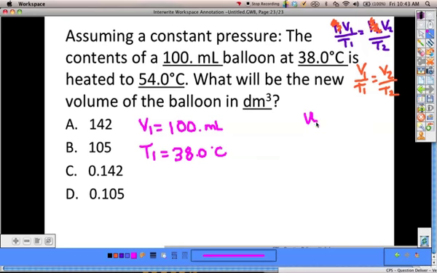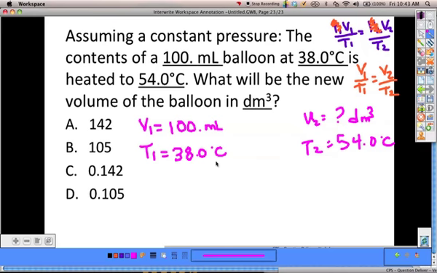I have a V2 that I want to know. I don't know what it is right now, and I want to know that in decimeters cubed. And my T2 is going to increase to 54.0 degrees C.